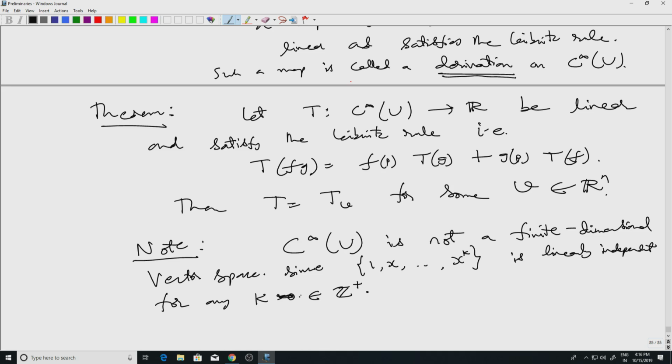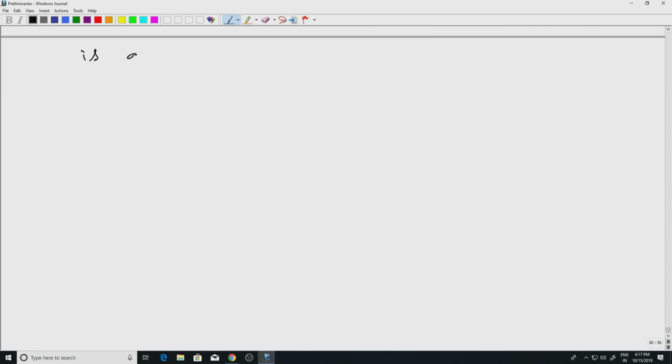And therefore the set of linear maps from C infinity U to R, associated to every vector space, we have the dual space, i.e. the dual space is also not finite dimensional.